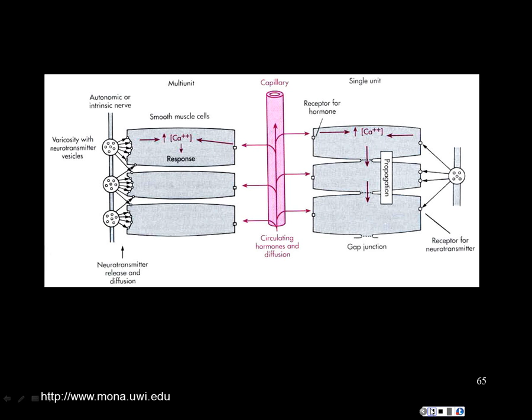I'll help you out. This says receptor for... So probably which nervous system can control it? The autonomic nervous system does control single unit. Does it control multi-unit? Yes. So both are under control of the autonomic nervous system.